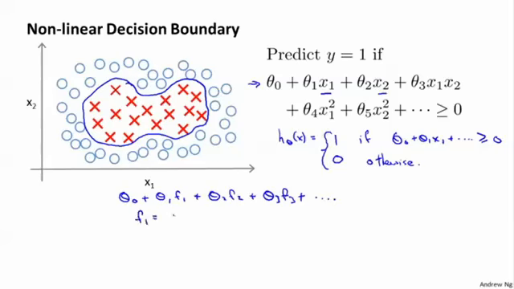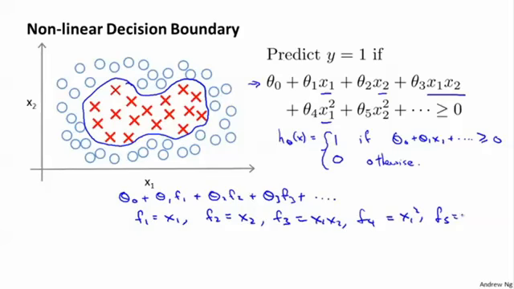So f1 is just equal to x1, f2 is equal to x2, f3 is equal to this thing here, x1 x2, f4 is equal to x1 squared, f5 is equal to x2 squared, and so on.